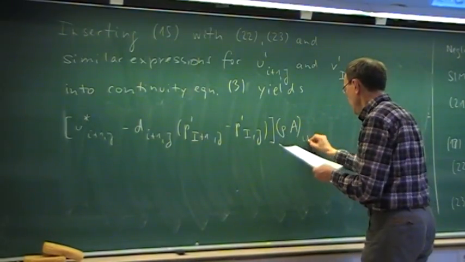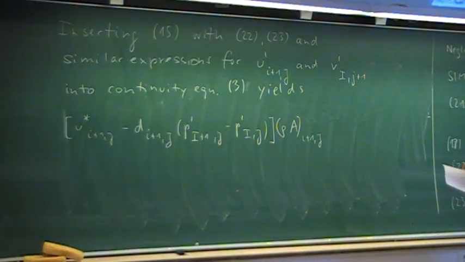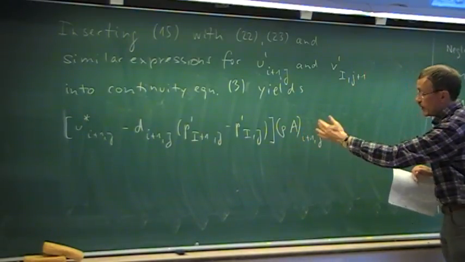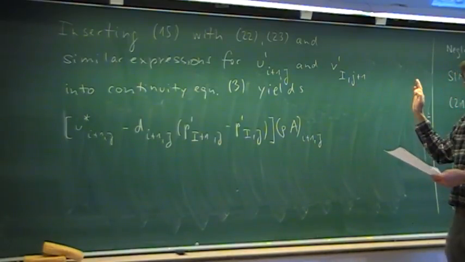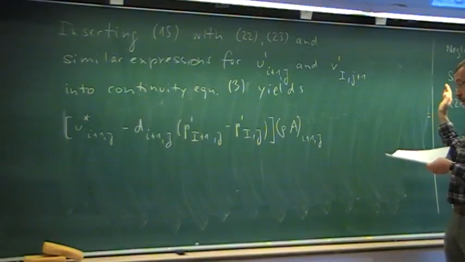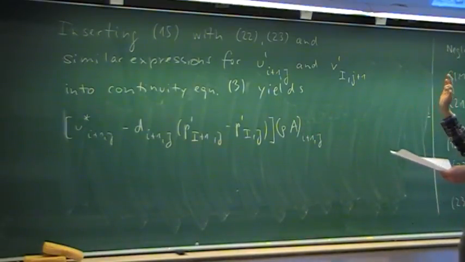That will be at i plus 1 j. Rho is constant, but the area might vary. And we have to see whether that is the area of a face with a normal in x direction or y direction. So here's a face with a normal in x direction.